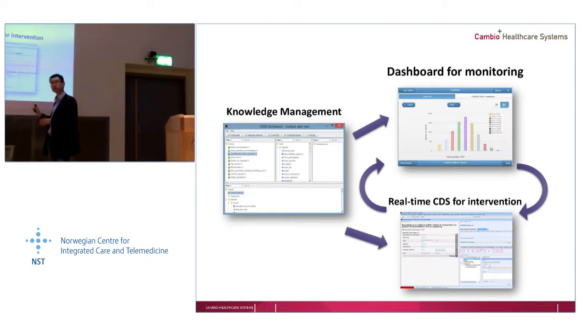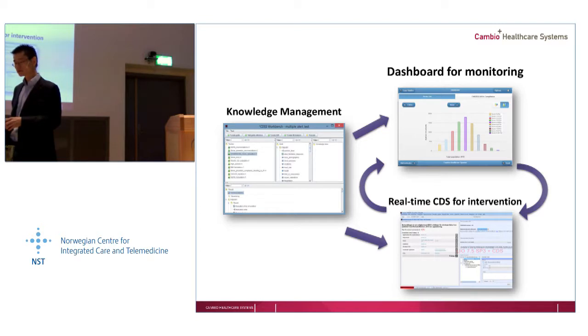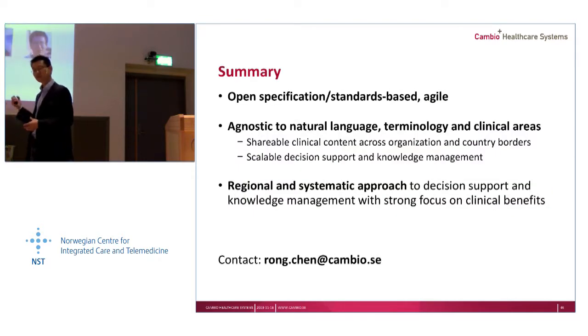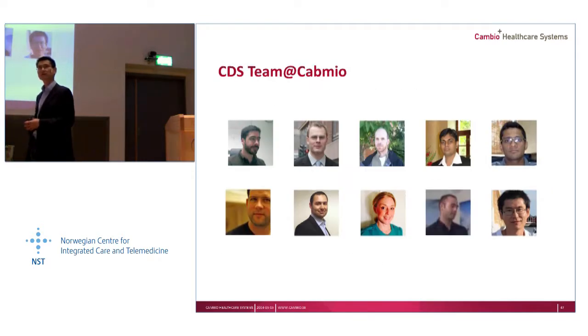So that is what we want to do, and this is what we have achieved with strong informatics. And it's very much based on lots of work done by friends at the openEHR Foundation. So this is my summary, and I have a very talented team behind this work.